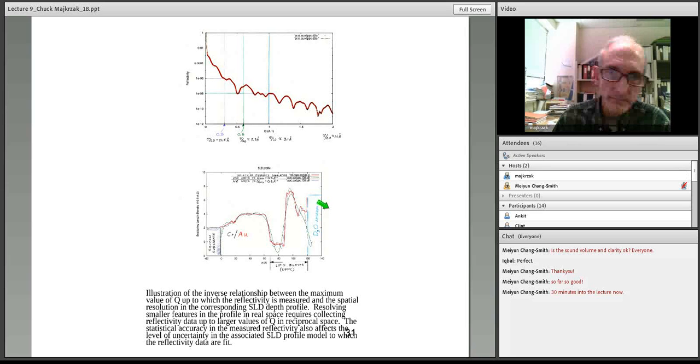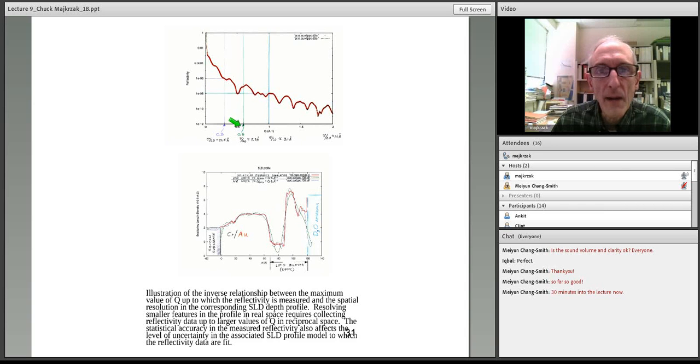But suppose we ask the question, what can we realistically expect to resolve in this structure? There are head groups on this end and this end, and the tails are in between. If there is some variation in the scattering density of the head groups, say that looks something like this, then how far out in Q do we have to go to be able to resolve this structure from something that is much more spread out and not resolved?